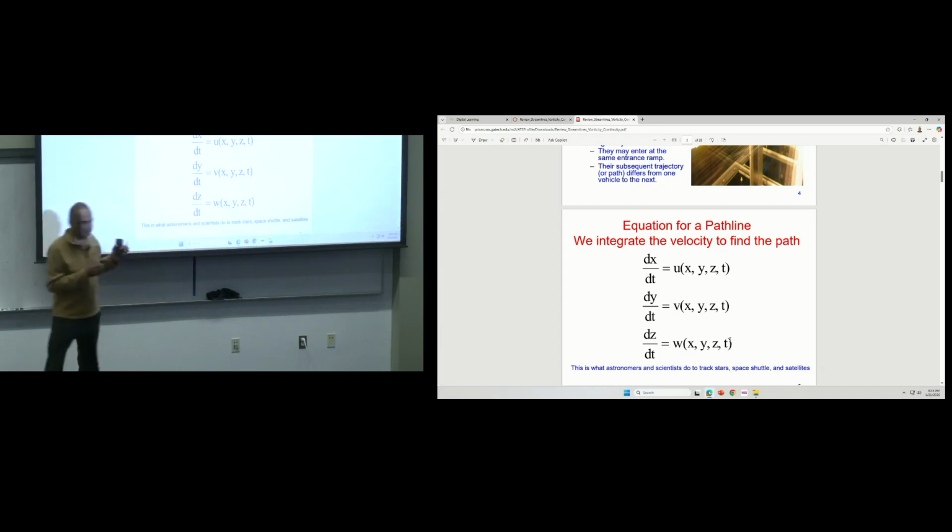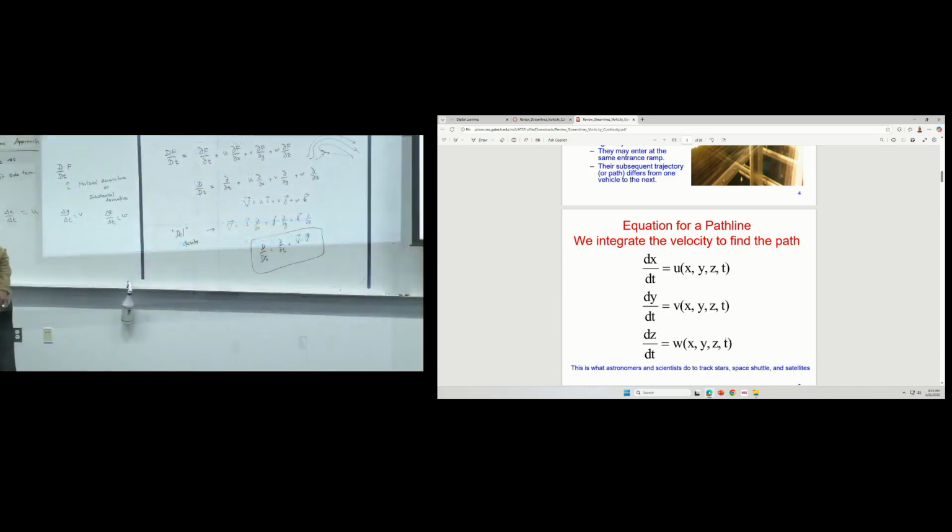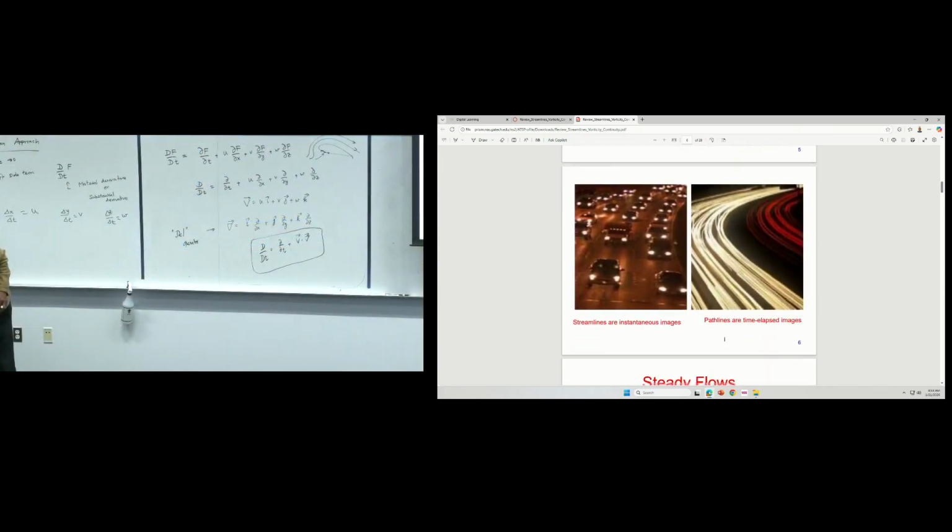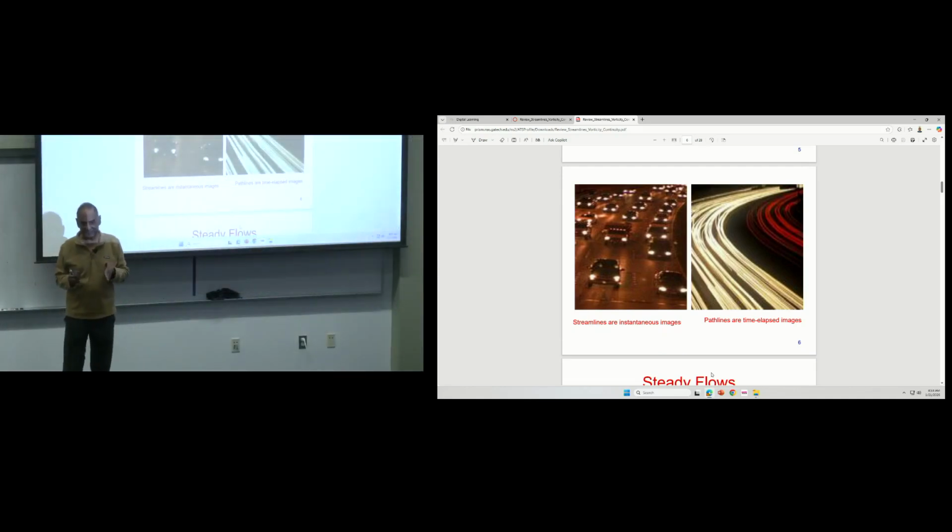Okay. So another example is when you go down on a freeway, if you take a very, very fast photograph, a high-speed camera, you'll get this picture. Everybody will seem to be staying in their lane, although that's not true, right?